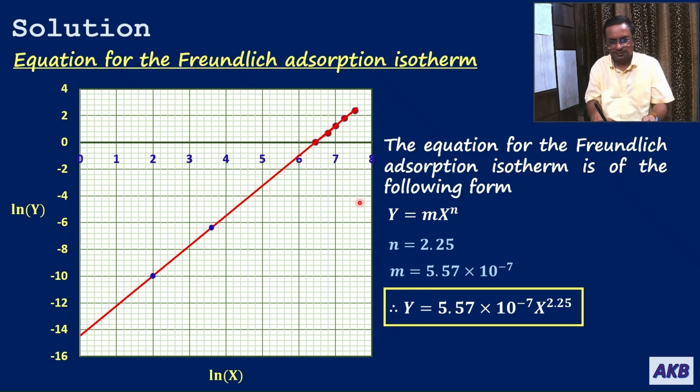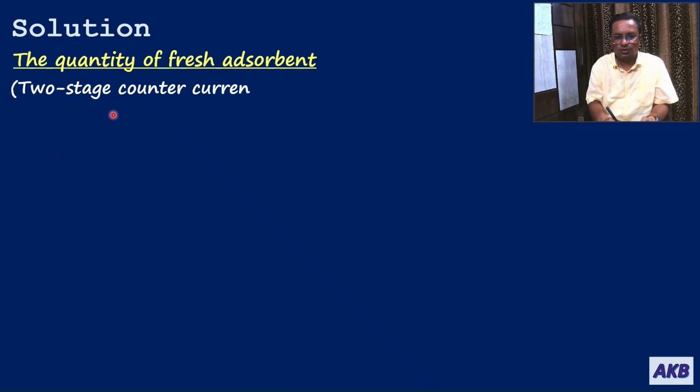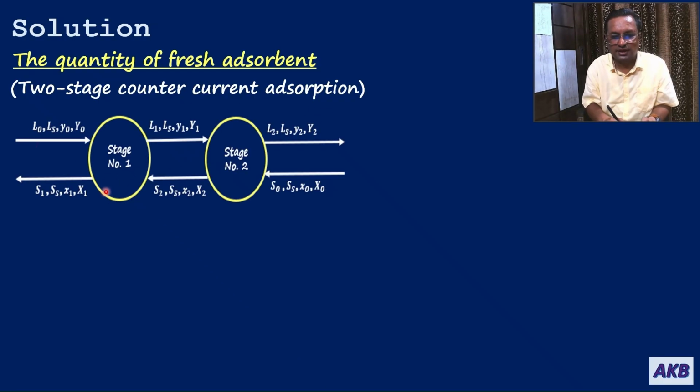Let us move ahead. Then we have to get the quantity of fresh adsorbent that is required in a two-stage countercurrent adsorption operation. For your understanding, I am showing the operation. These are the two stages. Feed solution is entering in stage number 1, whereas adsorbent is added to stage 2. Then it will move throughout the operation, and the liquid solution will be moving in this direction.